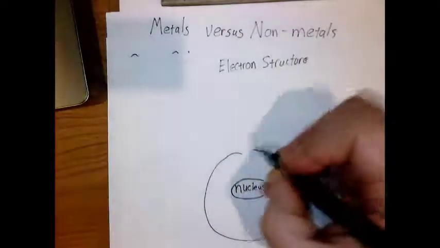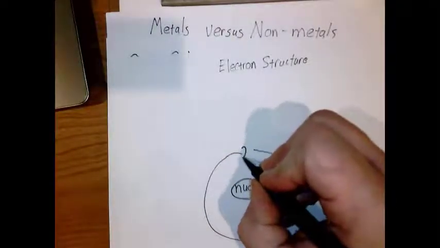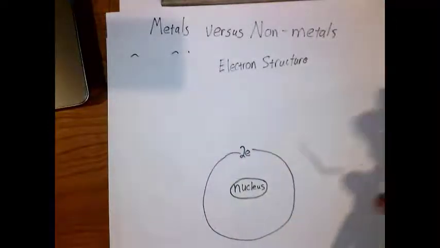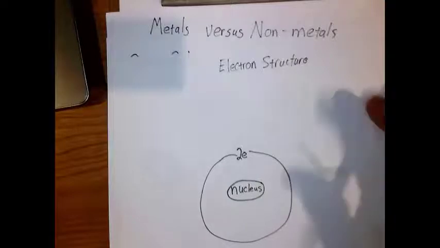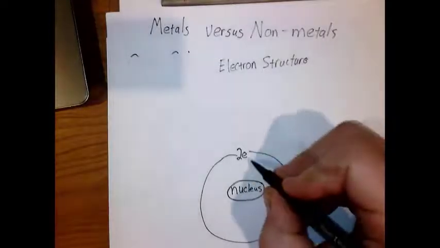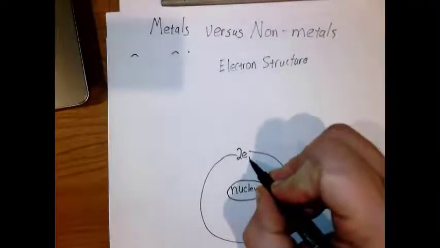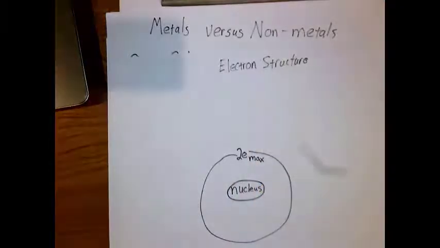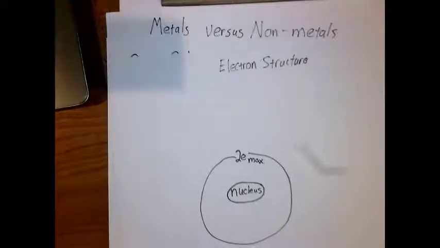And our first energy level here is very close to the nucleus, at least compared to the other energy levels. And we call it like the first shell. And the electrons there have the lowest amount of energy. And that shell can hold 2 electrons maximum.